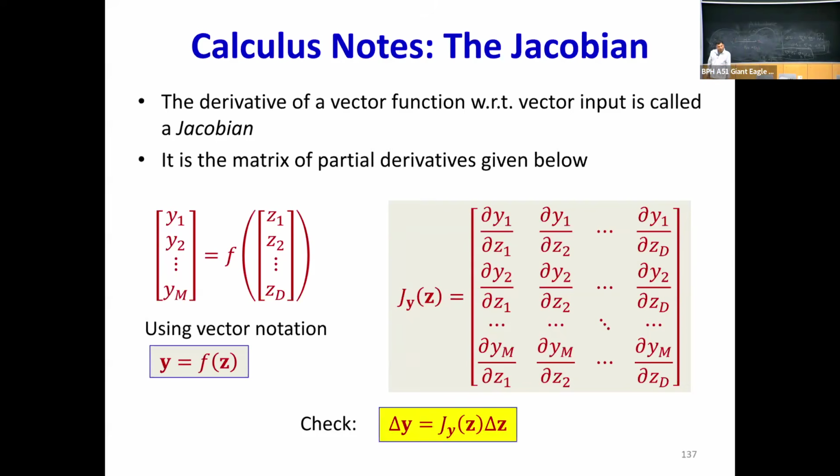Then does b influence z2? I can draw the influence diagram for b and z2, correct? Yes. So I have b influencing z2. So what is the derivative? And this is just 1, correct? So what is the derivative of z2 with respect to b? It's an identity matrix.